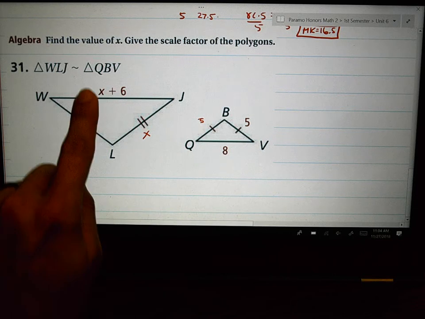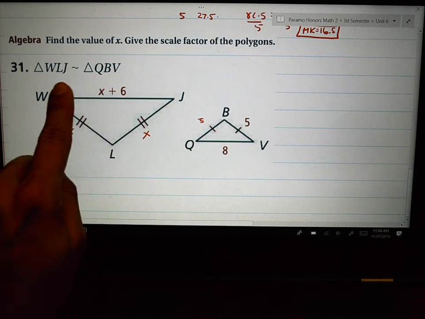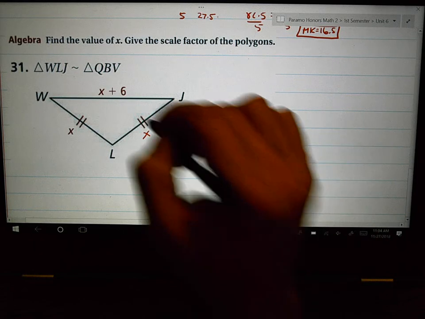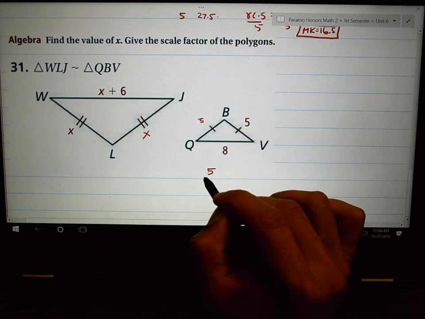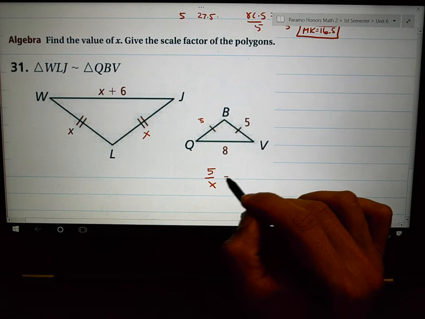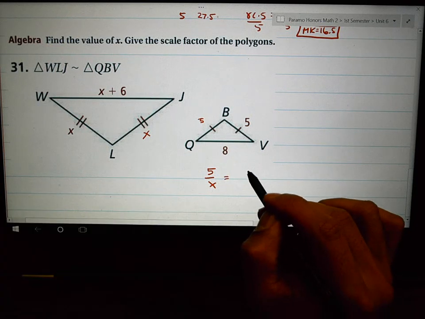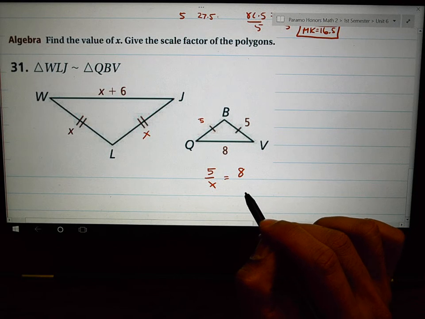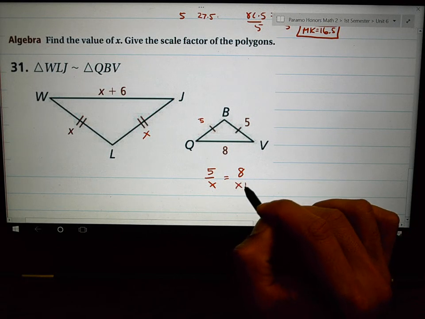BV is going to be similar to the LJ. I can say 5 over x is going to equal QV over WJ, x plus 6.